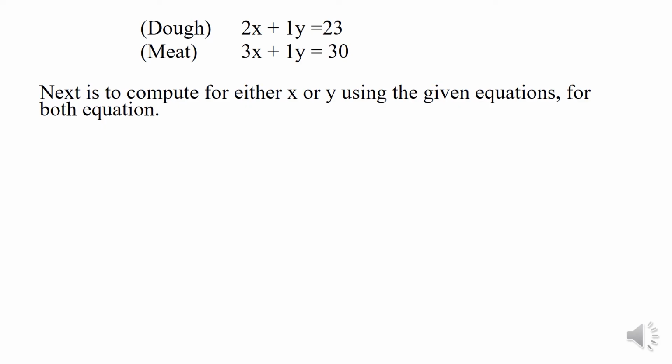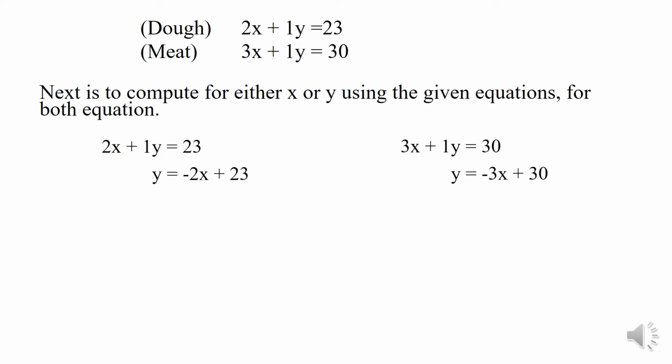Let's first solve for y. From 3x plus 1y equals 30, we get y equals negative 3x plus 30.